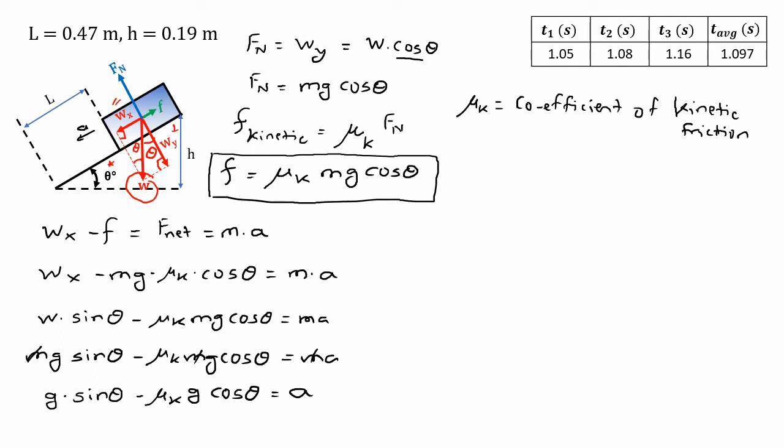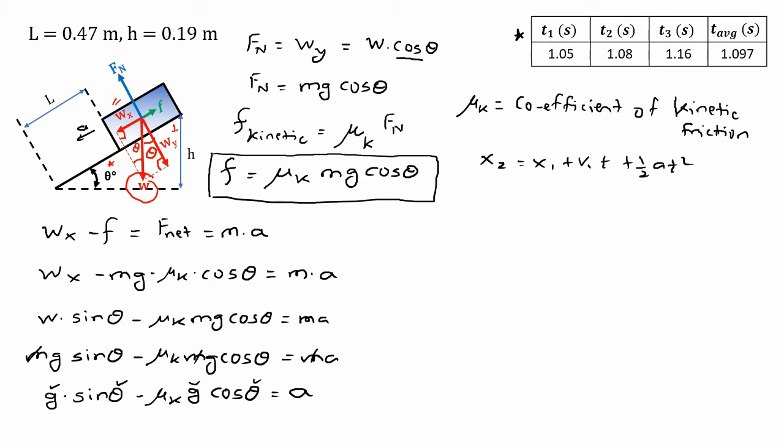And we can get the information for theta. We know g. Acceleration here we can calculate using the information gathered earlier. We know the three times, we know the distance it covers, so we can calculate the acceleration using the x2 equals x1 plus v1 t plus half a t squared equation.